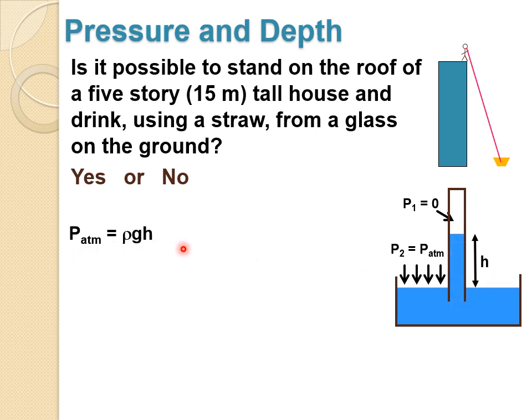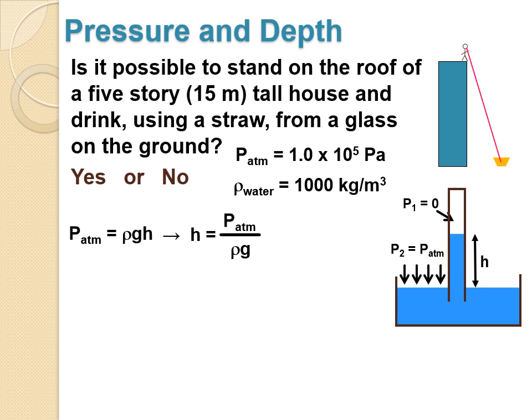Looking at this equation, the density of water is 1,000 and the acceleration due to gravity is 9.8. When we divide the atmospheric pressure by those two values, we get that the height the water can go is 10.2 meters.